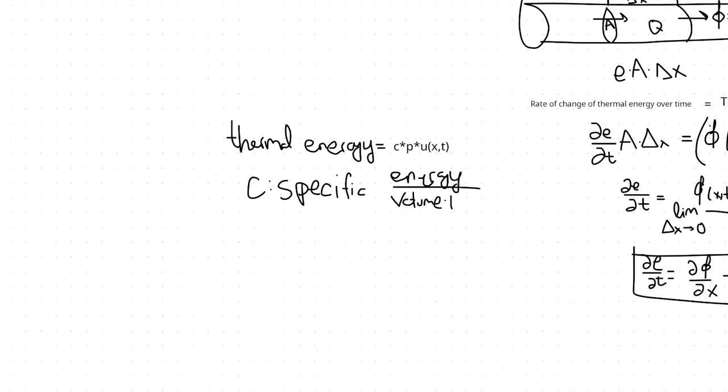And similarly for rho, rho is just mass density. So its units are just mass over volume. And wait, sorry, this is not in units of volume times time. I made a mistake here.